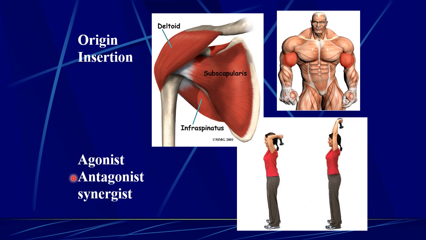Some muscles are agonists. That means they work together with the same type of function. So an agonist to a major muscle is going to be enhancing the muscle function. Then you have your antagonists that go for opposite movement than your original muscle is doing. Now, why is it that you have to have antagonists in the first place?